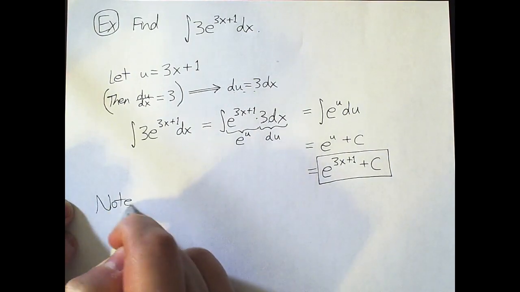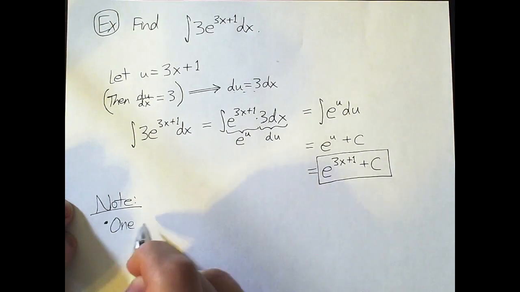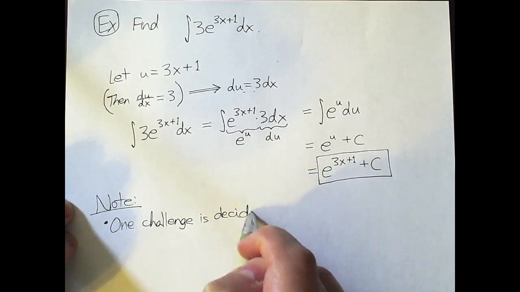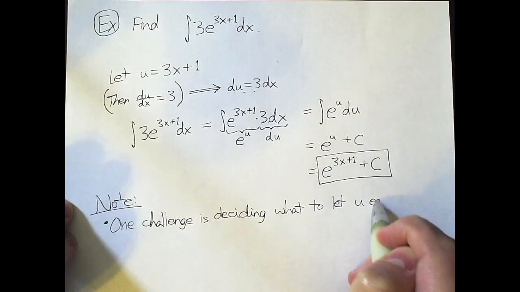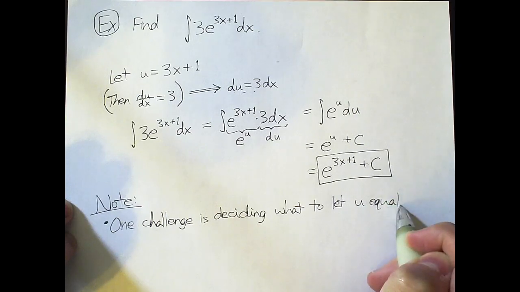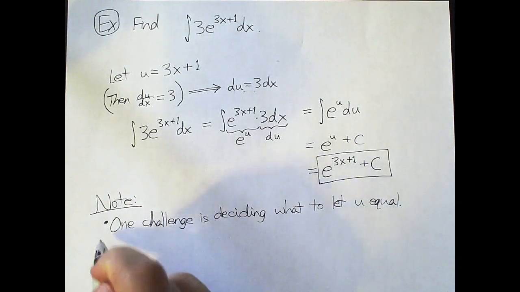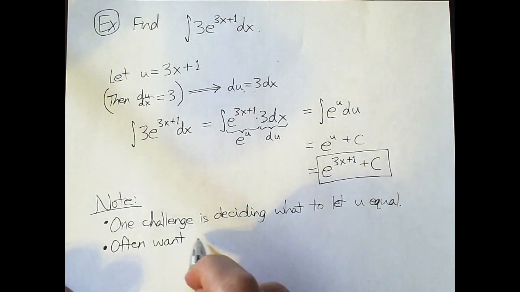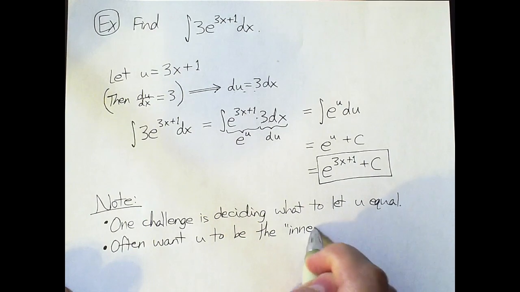Now, note, one challenge is deciding what to let u equal. Because both of these problems, I started off by saying let u equal this. And you might say, well, how did I know to do that? The answer is we often want u to be the inner function.